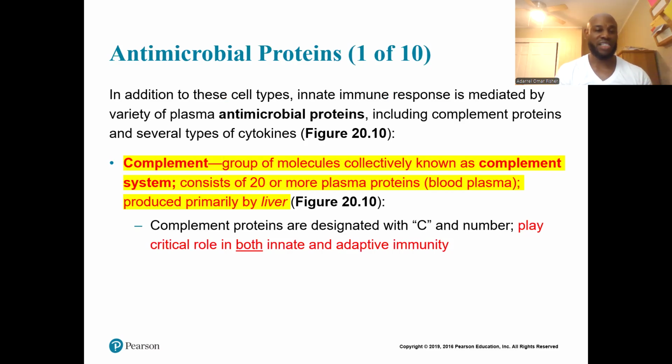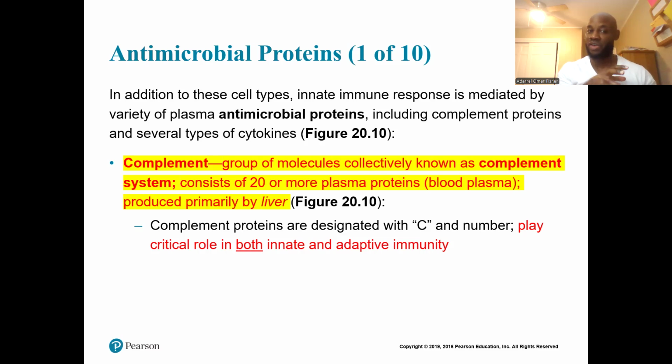Right. So besides the cells, we also have antimicrobial proteins, including complement proteins and several types of cytokines. So we have cells: macrophages, eosinophils, neutrophils, NK cells, basophils.